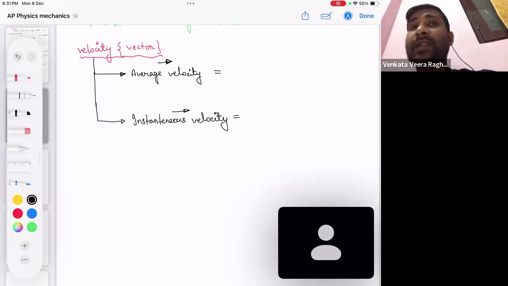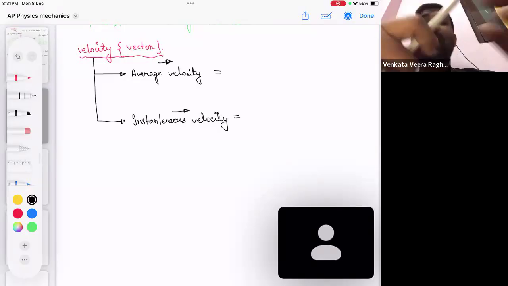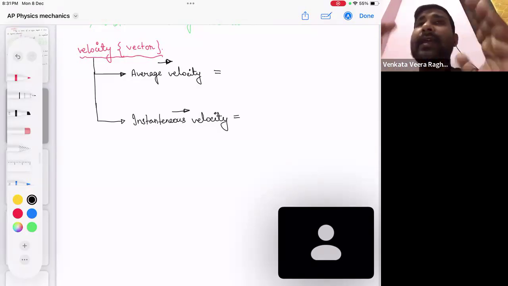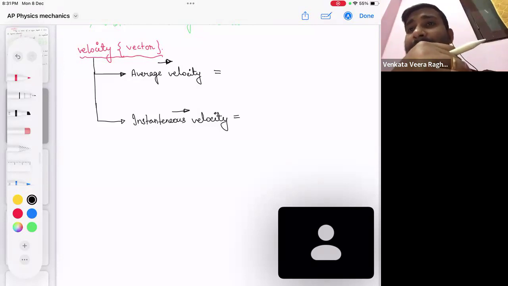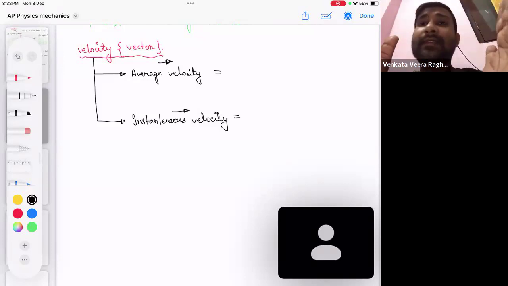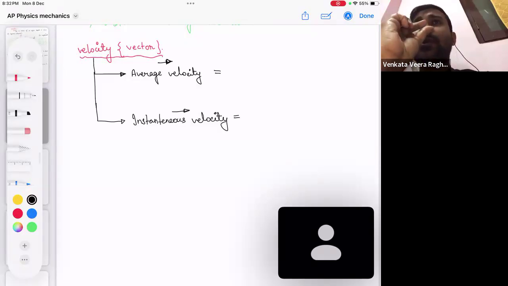These are two different quantities. The simple difference between average and instantaneous is that average is a large, big time interval. For instantaneous, the time interval keeps reducing until it becomes an instant, a microsecond or millisecond. At that moment, the velocity we have is called the instantaneous velocity.